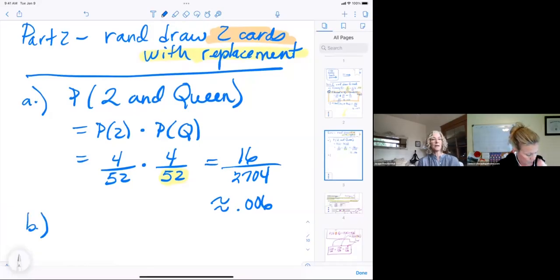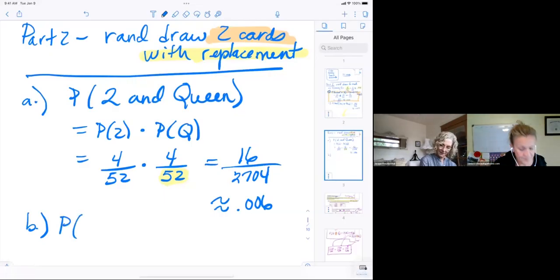Okay, let's see, part B. Find the probability of drawing a spade and a red card less than 5, not considering aces.